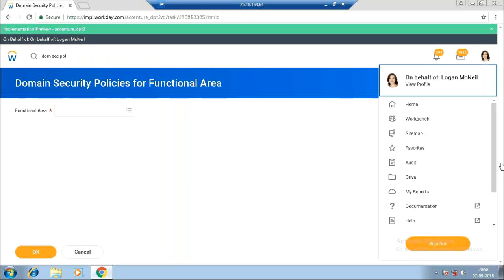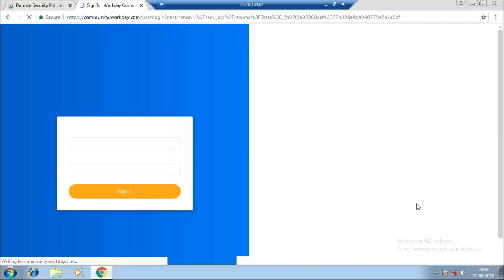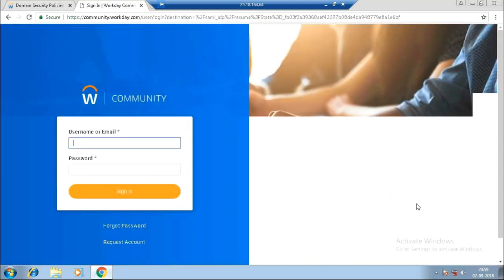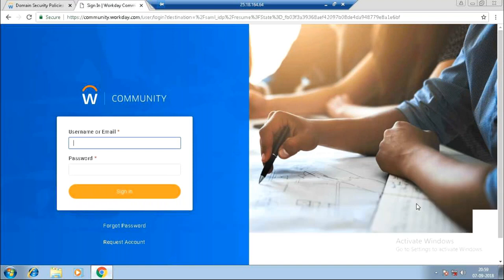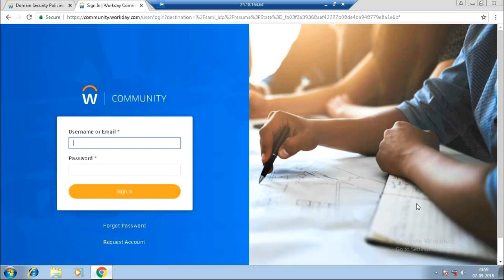Okay, there is a documentation section, right? When you go there, this is how you generally get into the community. That goes to the community part of Workday. But in the access that you guys provided, do I have access to go to the community?